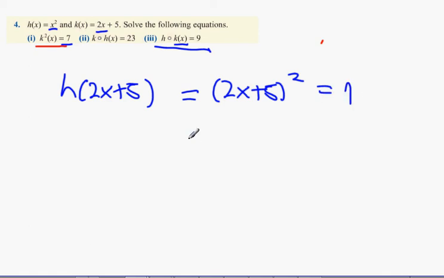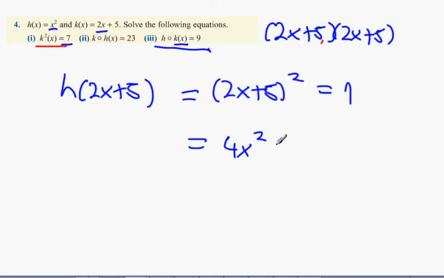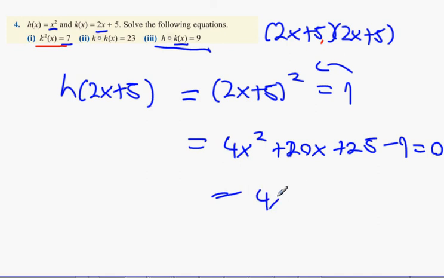And what that will mean is, when we multiply it out, we're going to multiply 2x plus 5 by 2x plus 5. We get 4x squared plus 20x plus 25 minus 9 equals 0, because we moved the 9 over to this side. 4x squared plus 20x plus 16 equals 0.